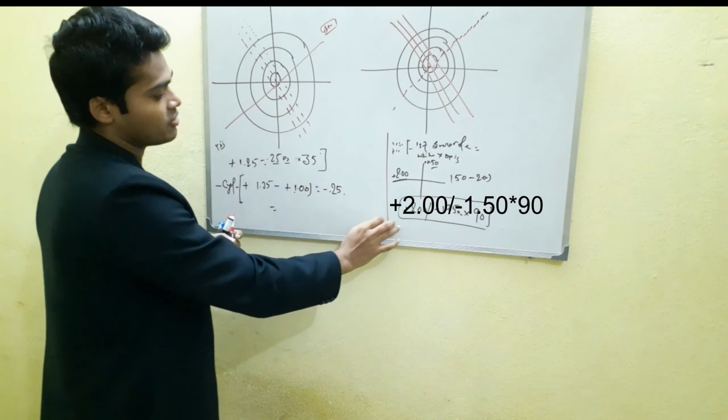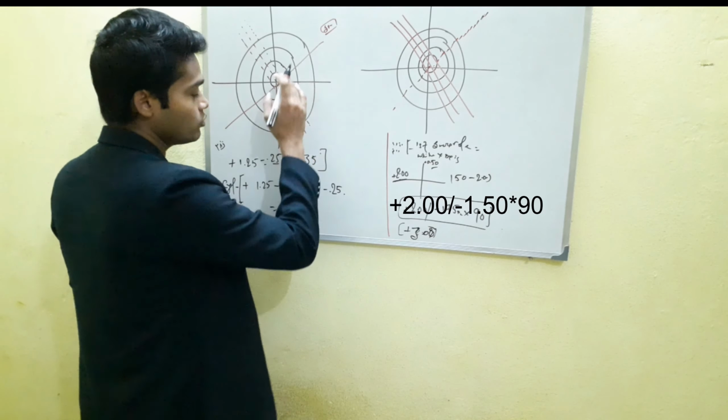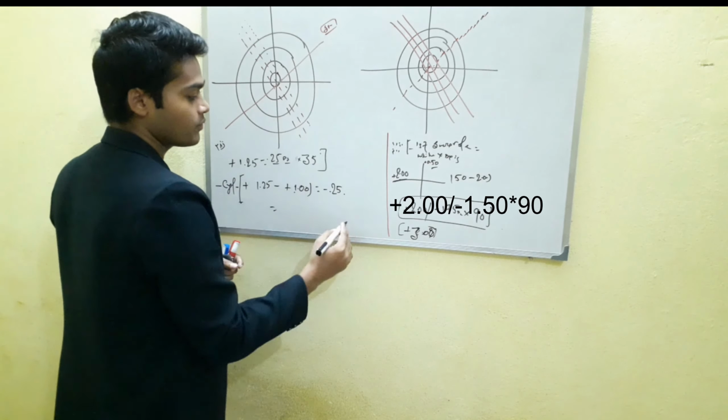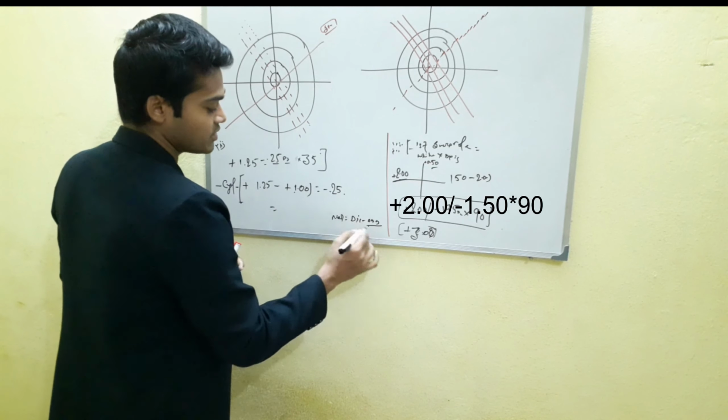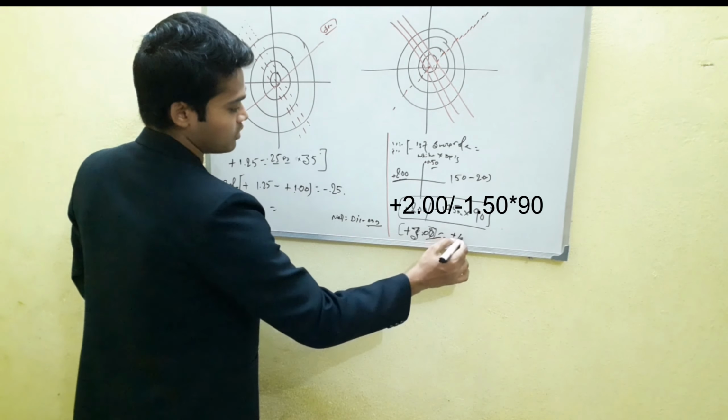Near vision is equal to distance plus addition. Suppose you got 3, it means the addition is plus 1. Why? Because distance is plus 2 and near is plus 3, so 3 minus 2 is equal to 1. This is the addition value of the prescribed lens which you got.